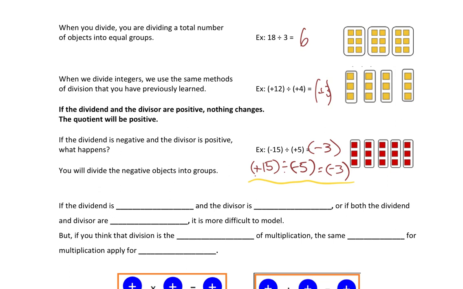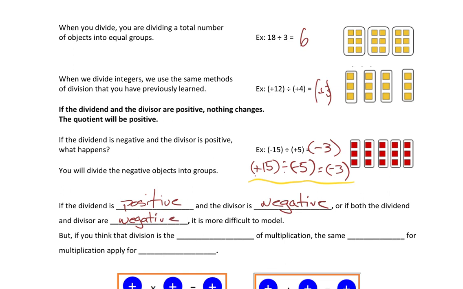Okay, so we just really have to look at the rules again. If the dividend is positive or negative, and the divisor is negative, or even if both are negative, it is really difficult to model.